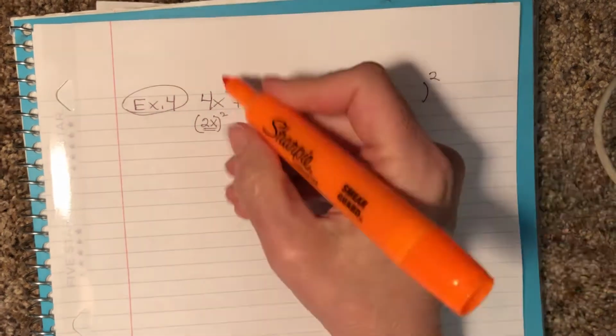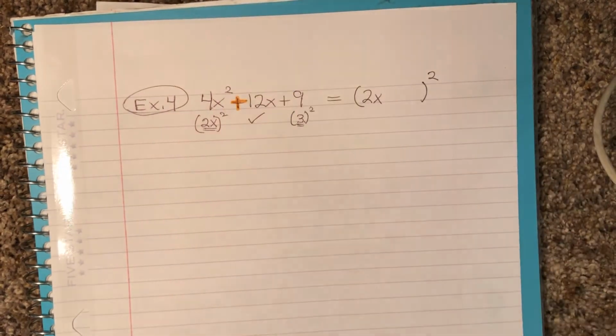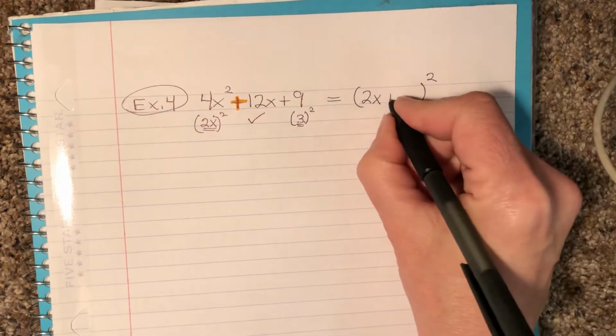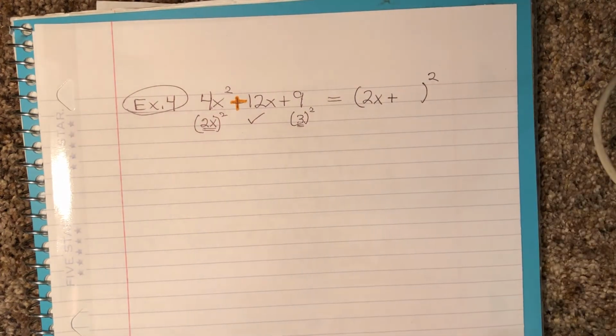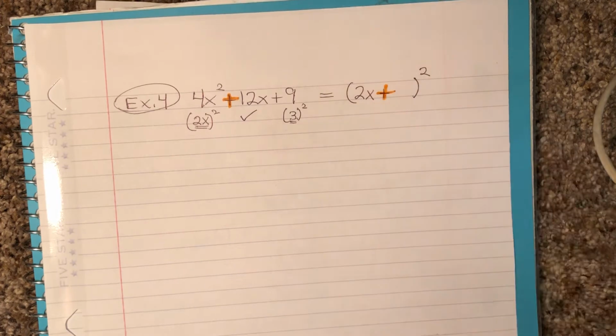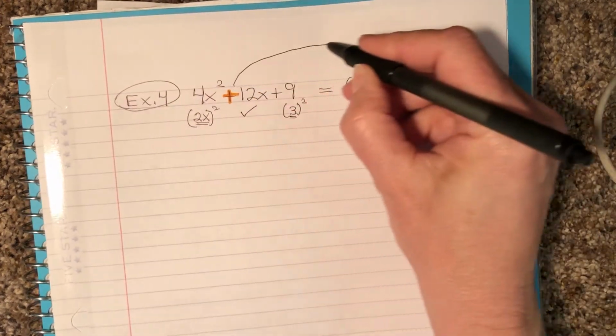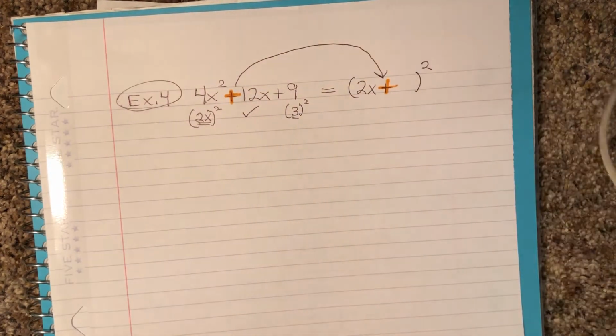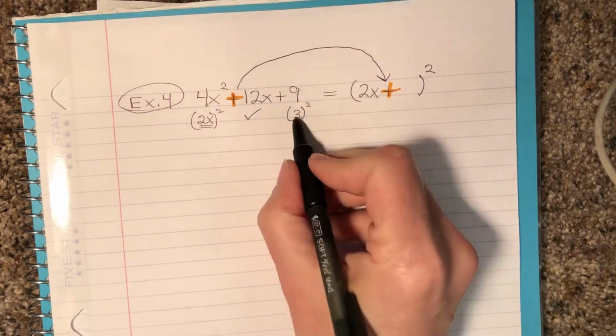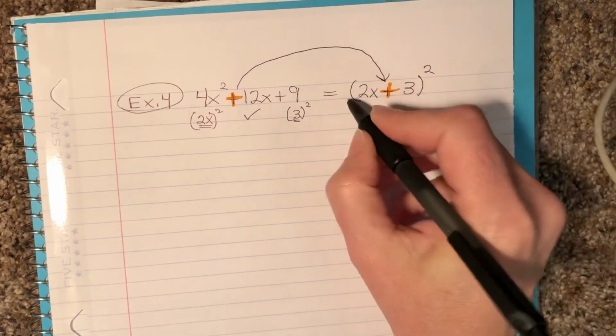First sign, this sign here, is this sign here. That gets forgotten quite a lot. And I'm just going to put a little arrow showing it. There we go. And 3 goes here.